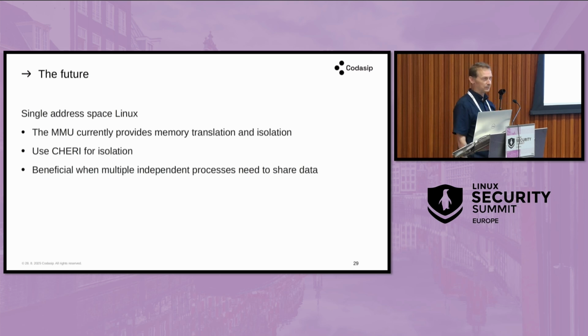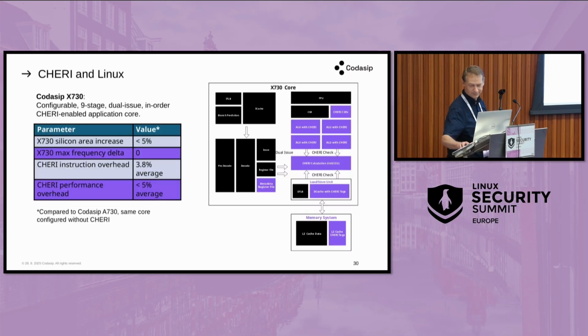Particularly where you're sharing data, because now you don't need to keep swapping TLB entries to refer to the same data. You can keep the same one. So the TLB thrashing is something we're looking to see whether we can avoid. And this is when you have lots of multiple independent processes targeting shared data.